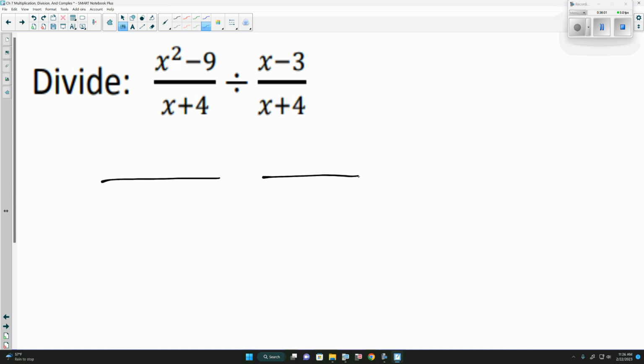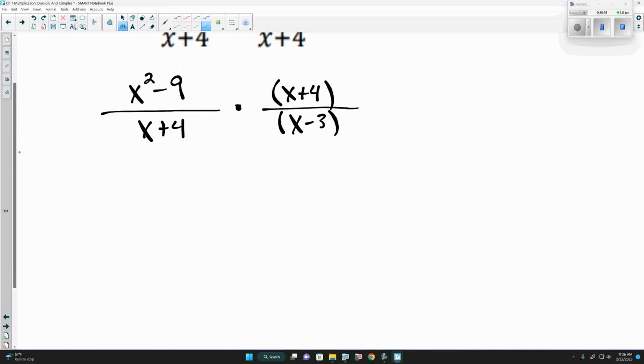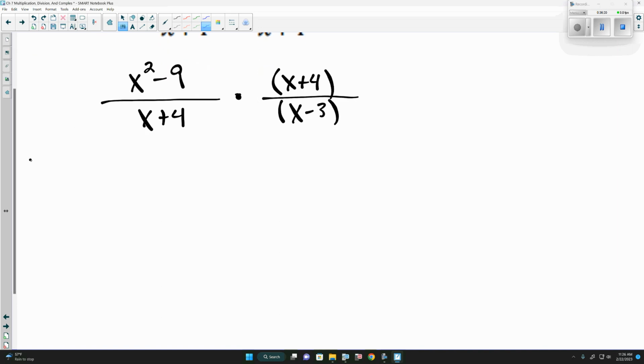But before we factor anything, the first thing I suggest doing is to keep the first one the same, change it from division to multiplication, and flip the second expression. Keep, change, flip.